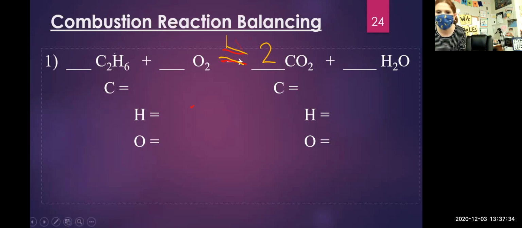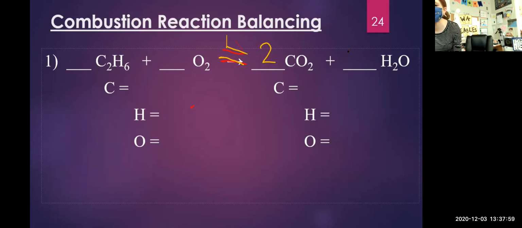On the left side, how many are over here? 6. How many do we have over here? 2. Are 2 and 6 the same number? No. So what do I need to put? Can I just cross off that subscript and make it something different? No, we can't change subscripts.